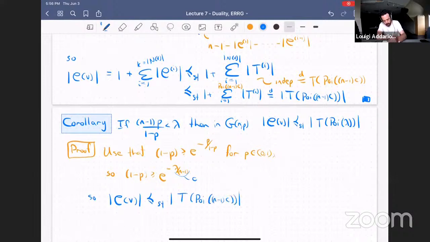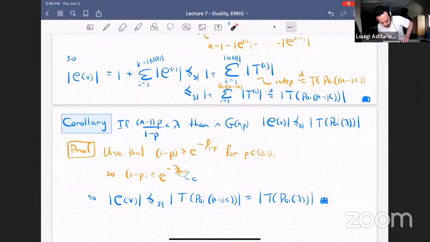And it feels a bit like I'm going in circles, but c times (n minus 1) is just lambda. So that's this. That's almost just a rewriting of the proposition with different names for the terms.